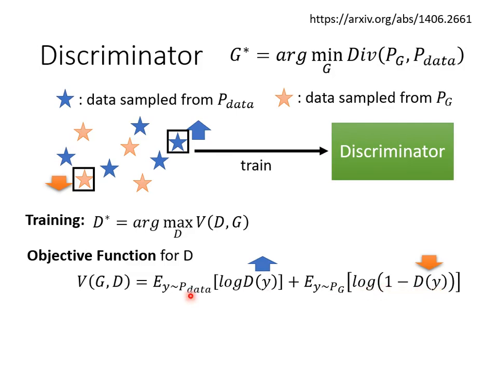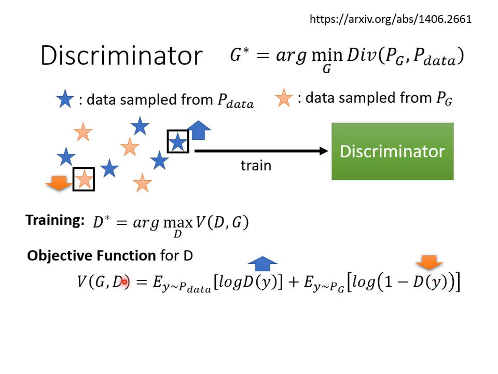We hope that the value of the objective function V is as large as possible. The larger the V, the better. It means we want to make D of y as large as possible. If we sample y from P data, the value of D of y becomes larger and larger. If we sample y from distribution PG, the generator output, the value of 1 minus D of y becomes smaller and smaller.